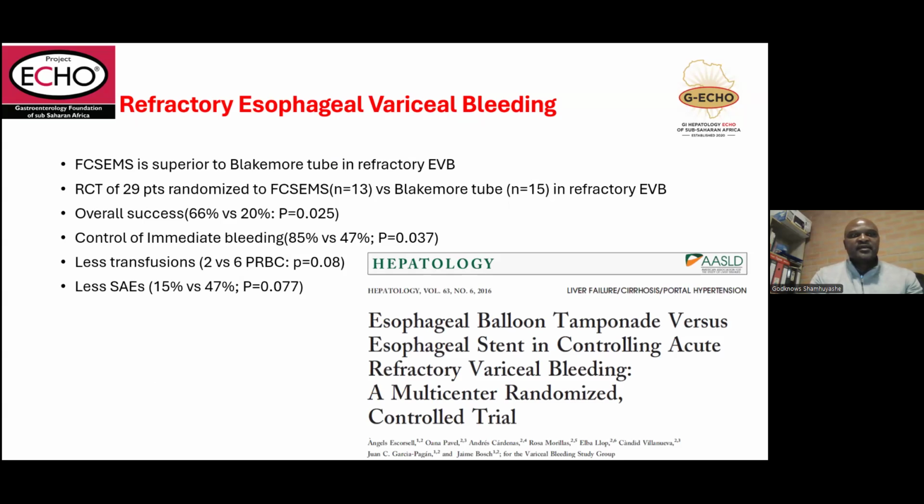It was a randomized control trial of 29 patients, of which 13 were stented and 15 were inserted with a Blakemore tube. The overall success was higher in those who were stented, and the rate of control of immediate bleeding was very high, with fewer transfusion requirements and also fewer adverse events.